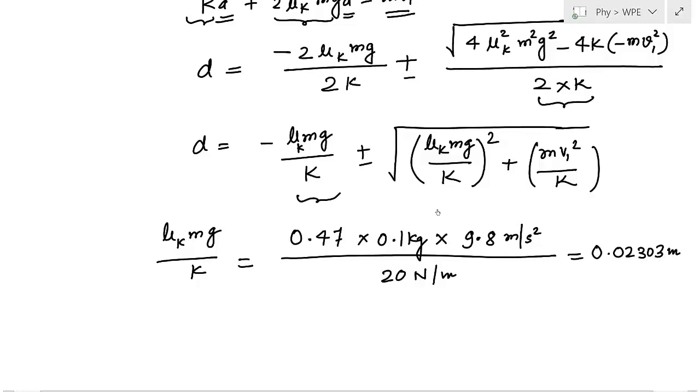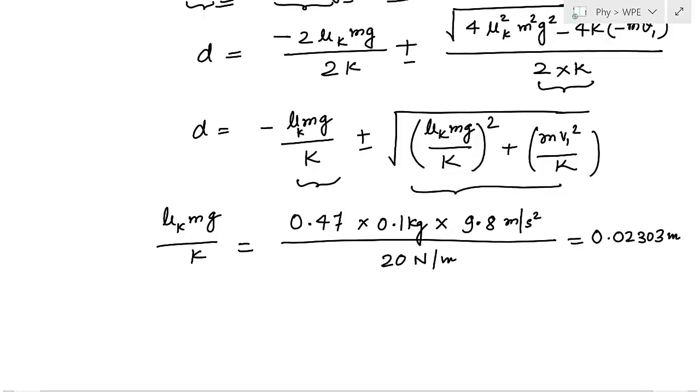Now the second term, we have to also calculate this term. So let us first calculate this part, because we have already calculated this, because this one and this one are the same. So let us calculate m v1 square divided by k.